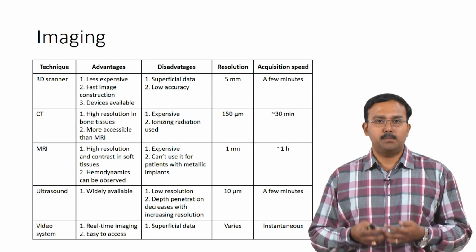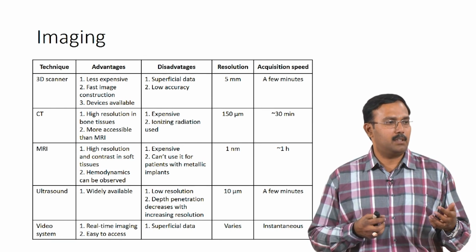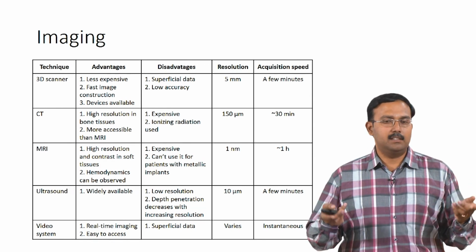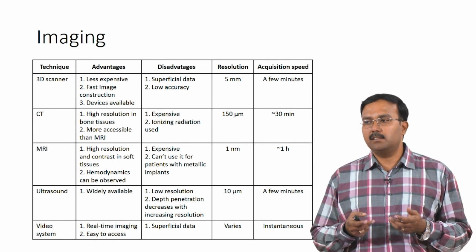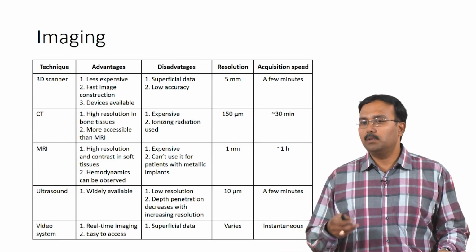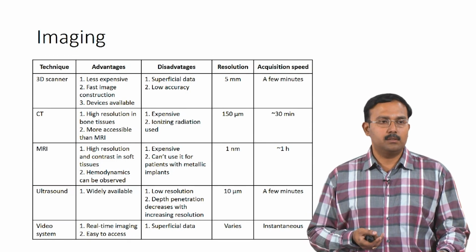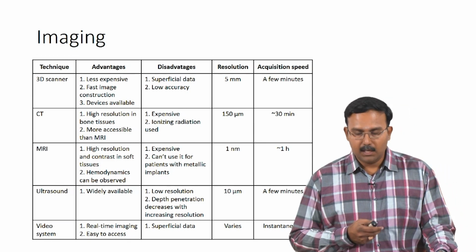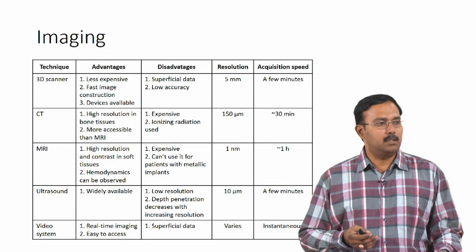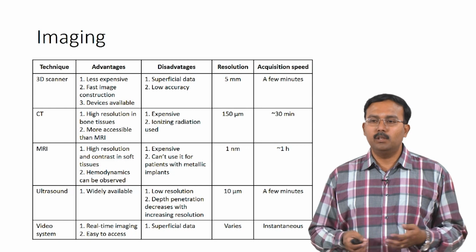However, it is expensive and cannot be used in all patients. If you are going to use it for personalized medicine, you cannot use it on patients who have a metal implant, so that would restrict the usage. But it gives very high resolution, about 1 nanometer, and it can take about an hour, and not everybody is comfortable going through an MRI.